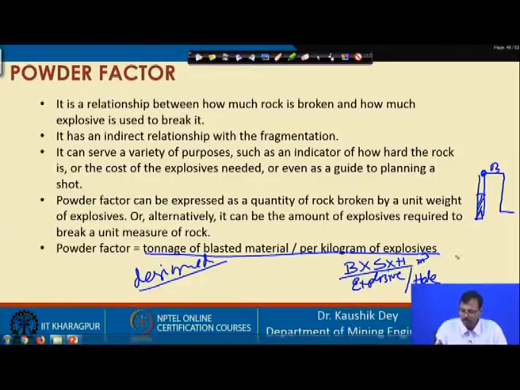So, that explosive quantity placed here is expressed, and the material excavated is considered this one, which, if you look at the plan view, has an influence area of S by 2 at this side and S by 2 at this side.